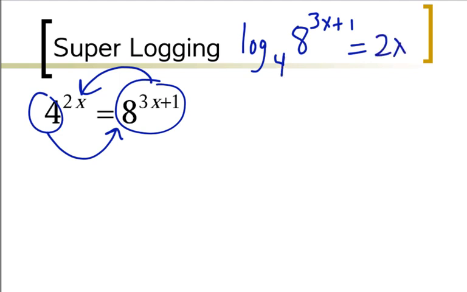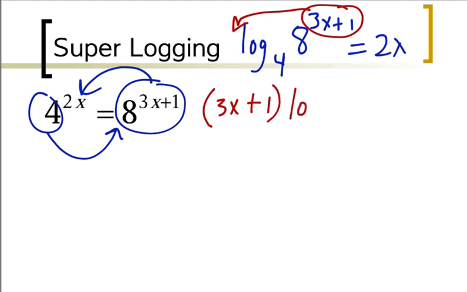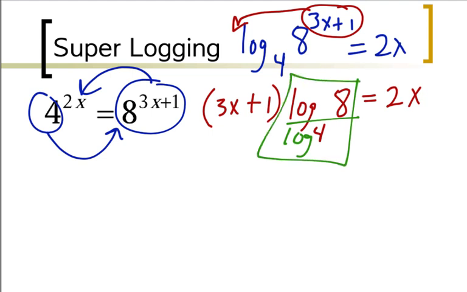Okay, and so now what I do is take this exponent, move it out in front, and I rewrite this to be 3x plus 1 log base 4 of 8 equals 2x. And then I do my little fraction bar and put log on the bottom and take my calculator and punch it in.